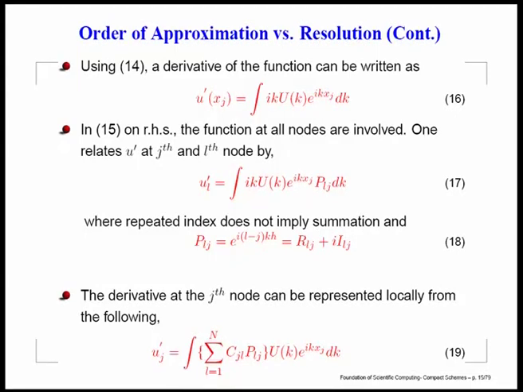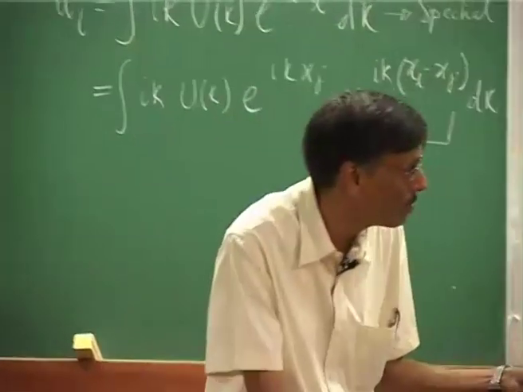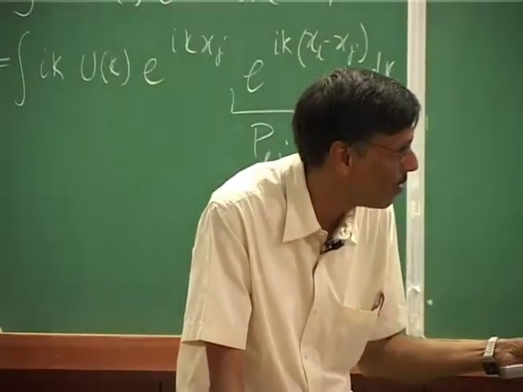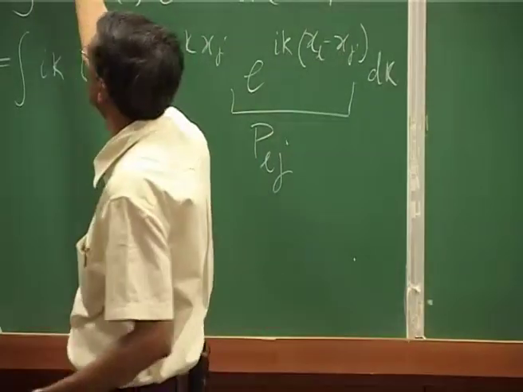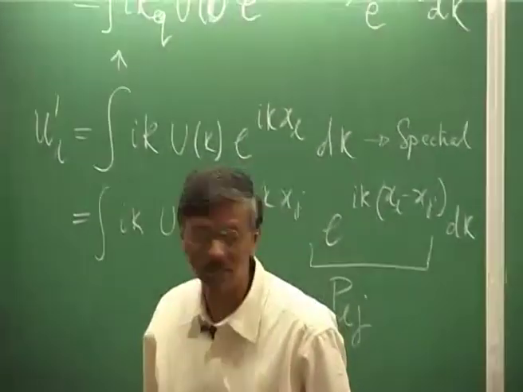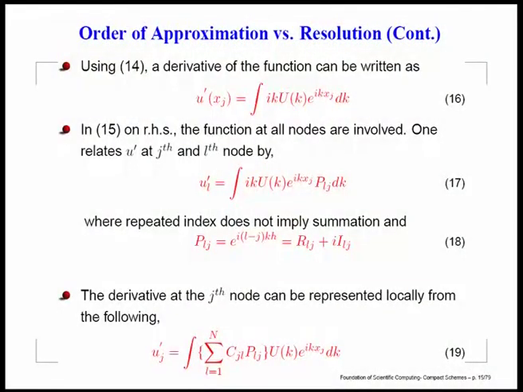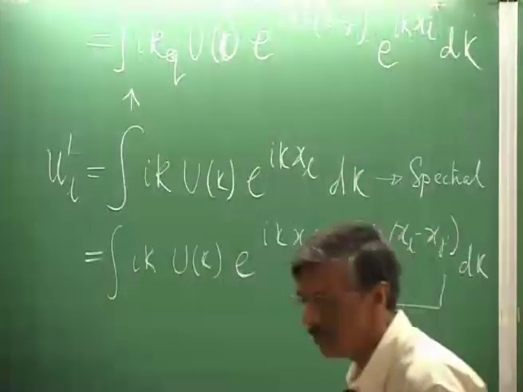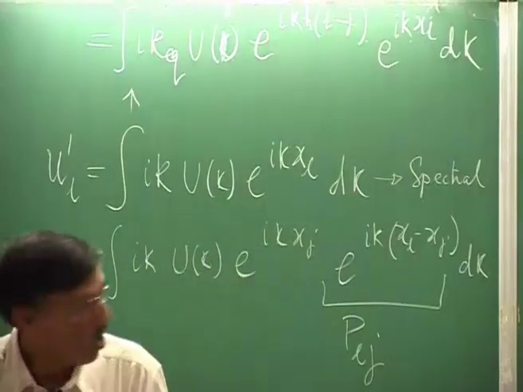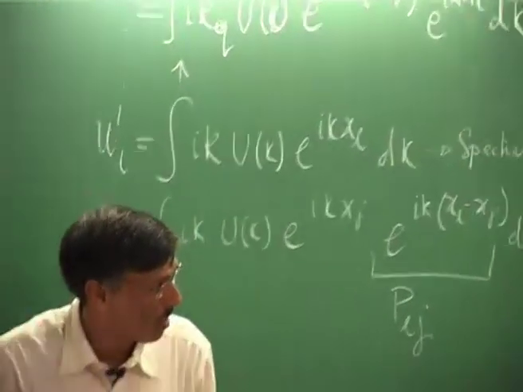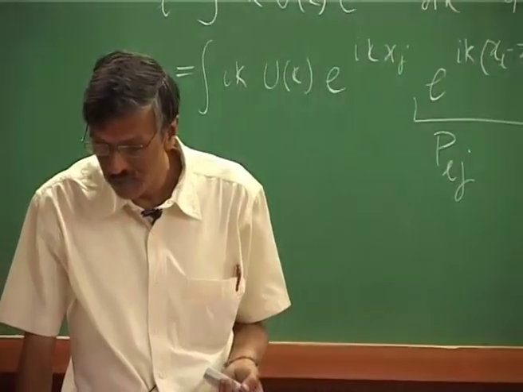So this is essentially then the quantity within that brace is nothing but ik equivalent, right. That is your ik equivalent. So ik equivalent is nothing but your CJL into PLJ, and that you have to sum over all the nodes L running from 1 to n.